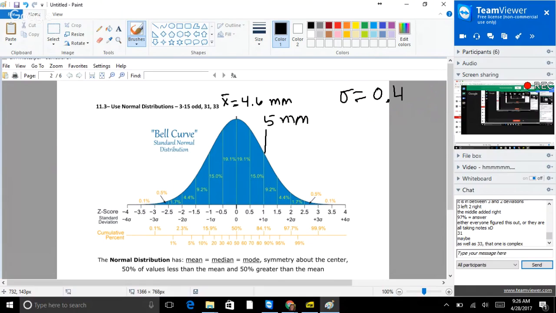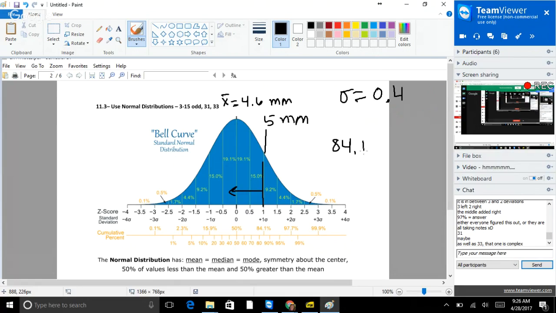Okay, so what is the probability that a randomly selected housefly has a wing length of less than 5 millimeters? So this one's actually pretty easy, right? Because I'm just at one standard deviation. And so they're saying, what is the probability it has less than 5 millimeters of a wing length? So the probability that it has less than that is 84.1%.